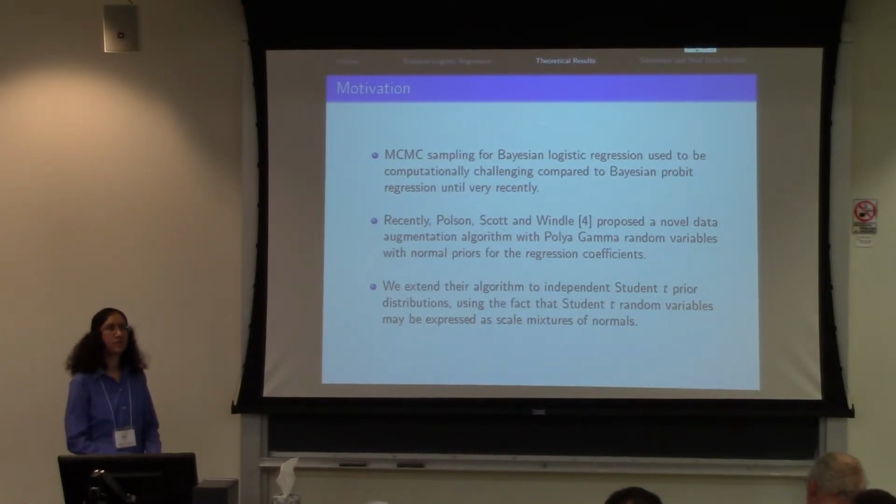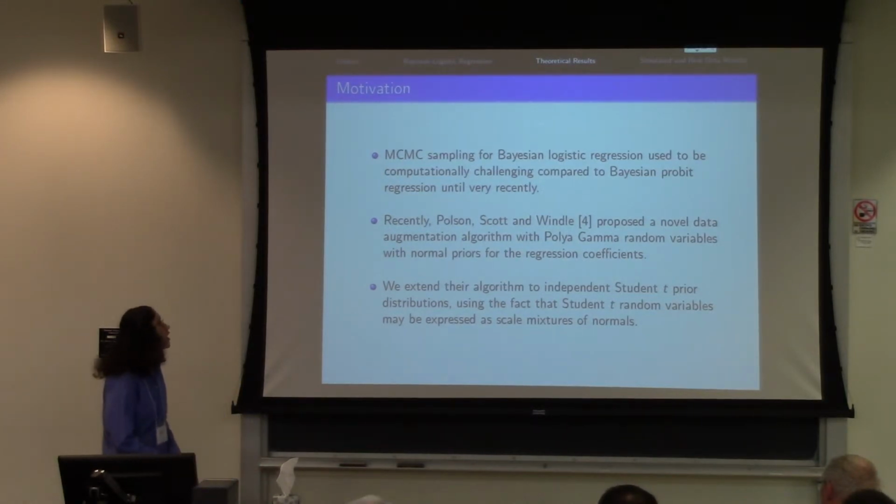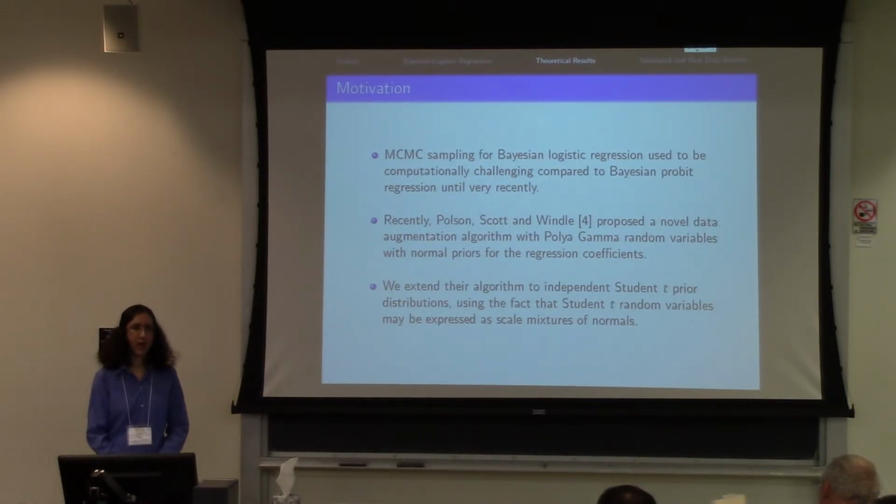So they basically come up with this new class of random variables called Polya-gamma. And they use normal priors for the regression coefficients. It is not hard to extend their algorithm to Student t priors in our work, utilizing the fact that Student t can be expressed as a scale mixture of normals.